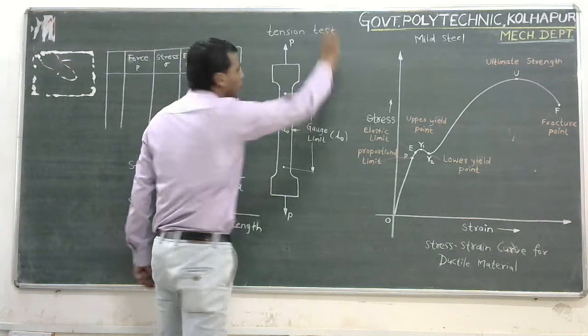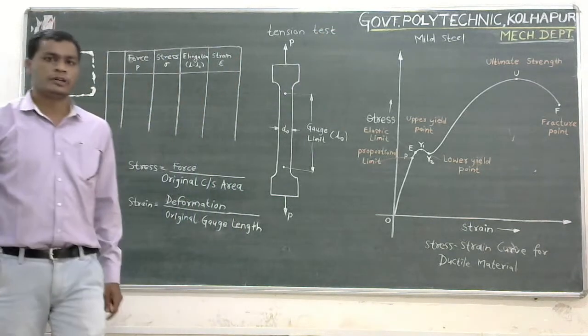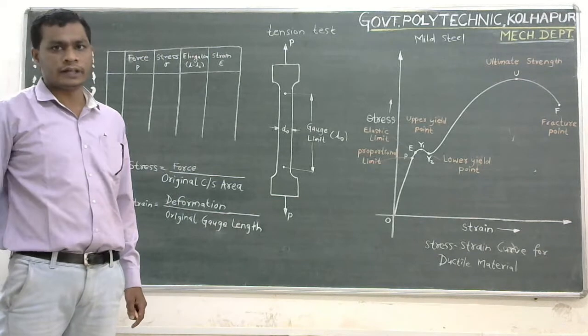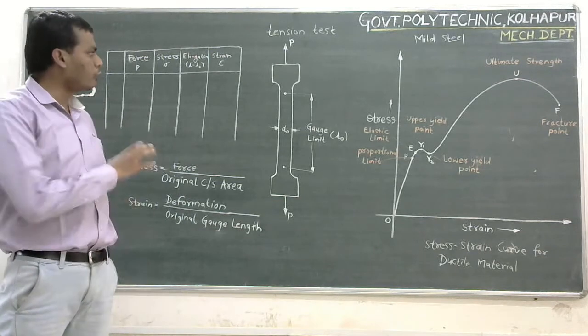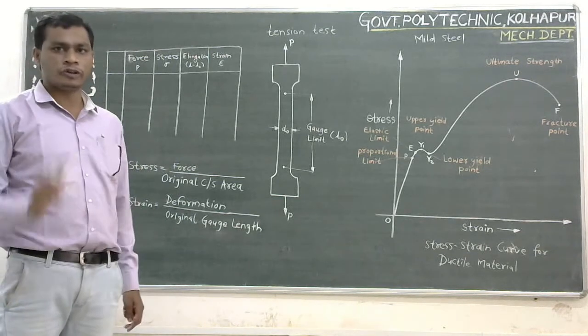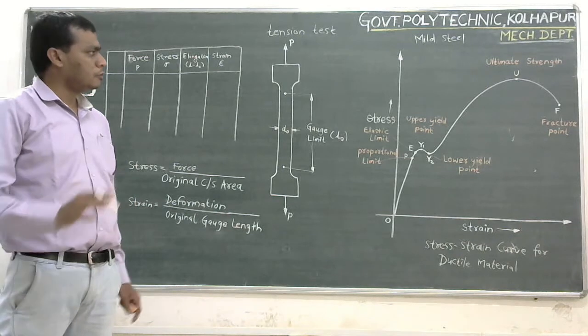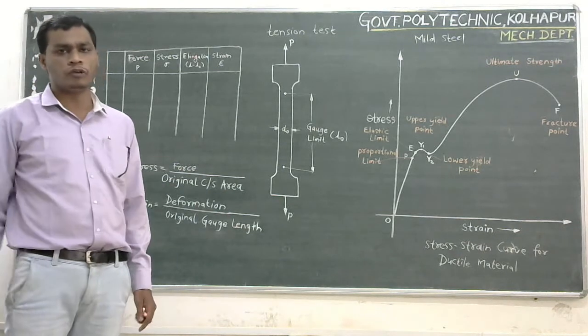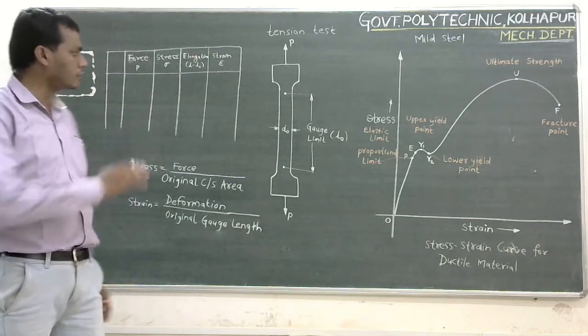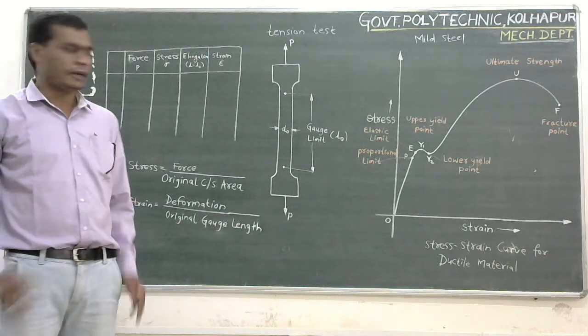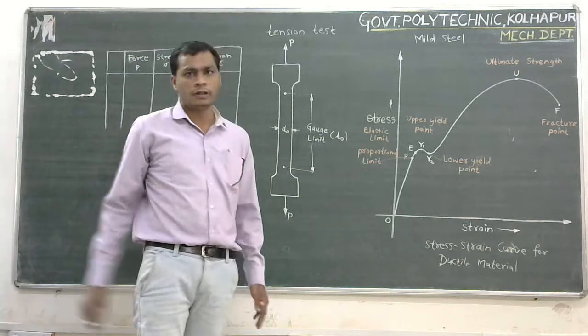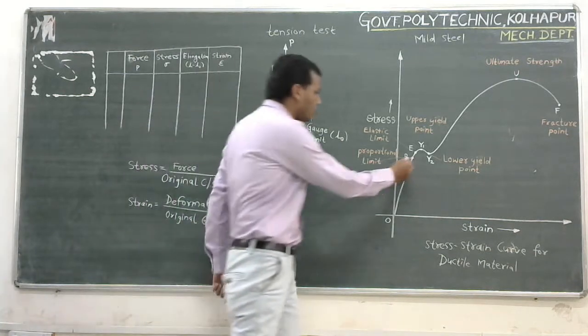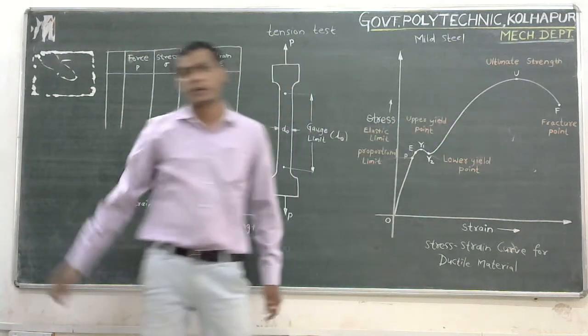You have already performed this test in the subject theory of engineering design. In that subject, we have performed this tension test on a universal testing machine. But before studying this stress strain relationship, we will just take a brief overview of this tension test, how this tension test is being performed, and how this curve is being drawn. And after that, we will study different points on this curve.